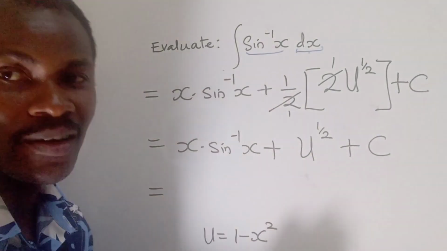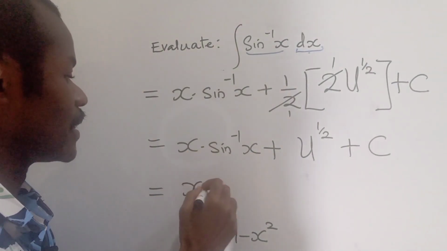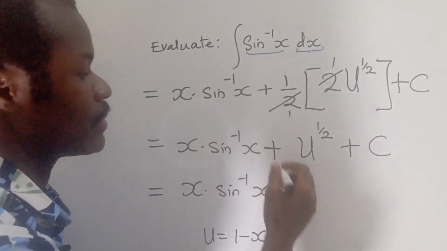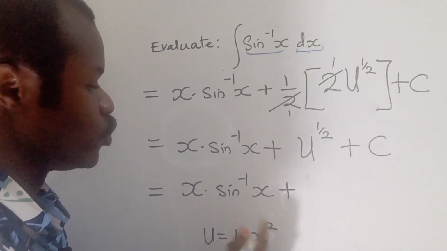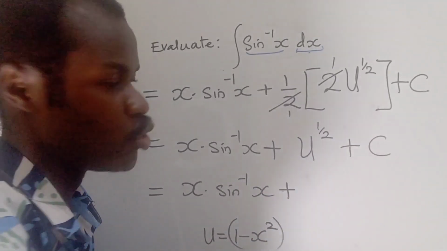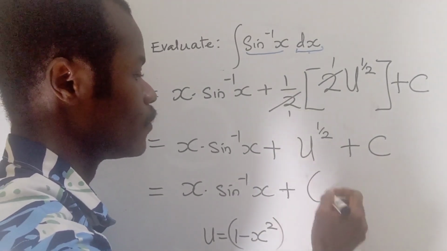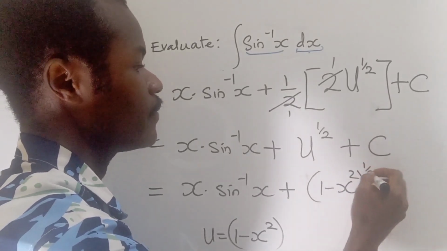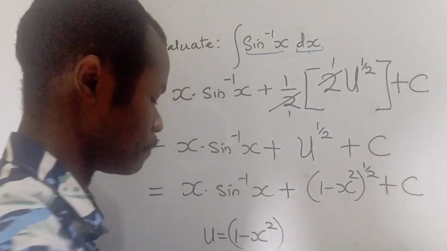So finally, our answer is going to be x multiplied by sine inverse of x plus, now our u, remember, is this, so I want to introduce u back here, 1 minus x squared raised to the power of half plus c.